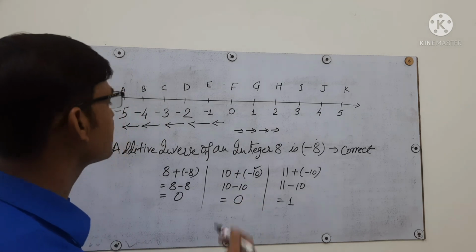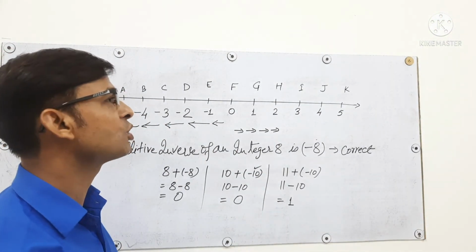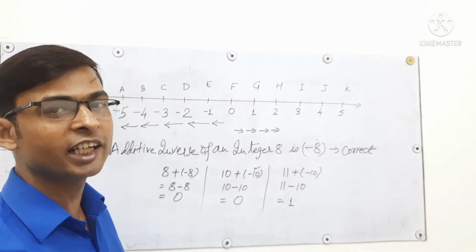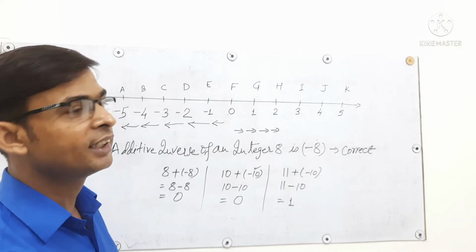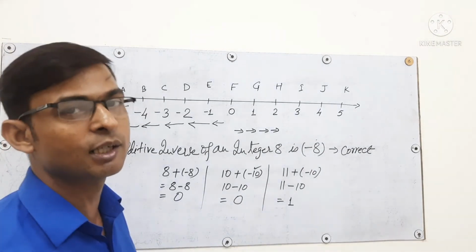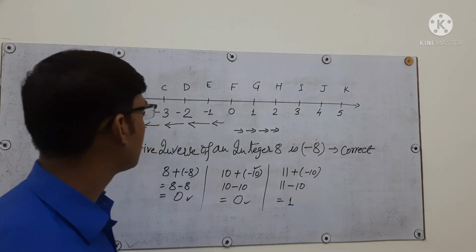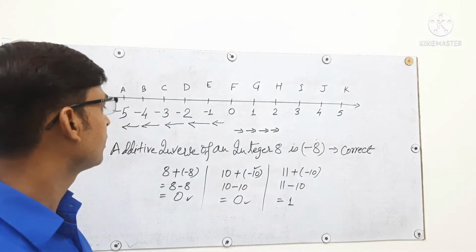So we can understand simply that the inverse of any number, if it is positive, then its inverse will be negative. If the number is negative, then its inverse will be positive. And when the resultant comes 0, then it means that the numbers are inverses of each other.